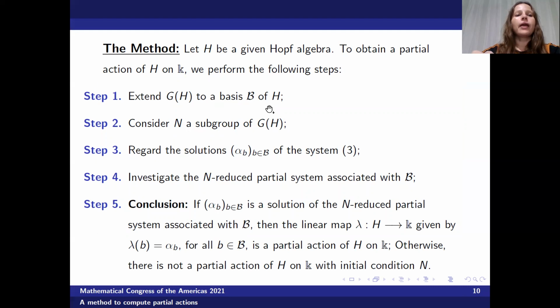Therefore, to obtain the partial actions of H on K, we perform the following steps. Step 1, extend G of H through a basis B of H. Step 2, consider N a subgroup of G of H. Step 3, regard the solution alpha B of the system 3.